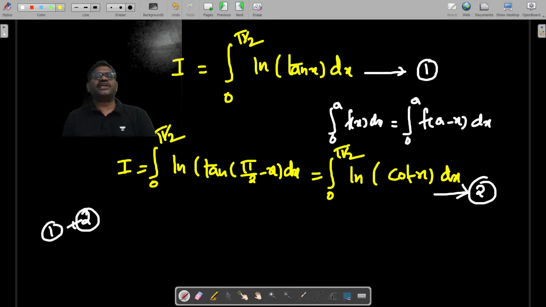Equation 1 plus equation 2: I plus I is 0 to pi by 2 of log tan x plus log cot x.